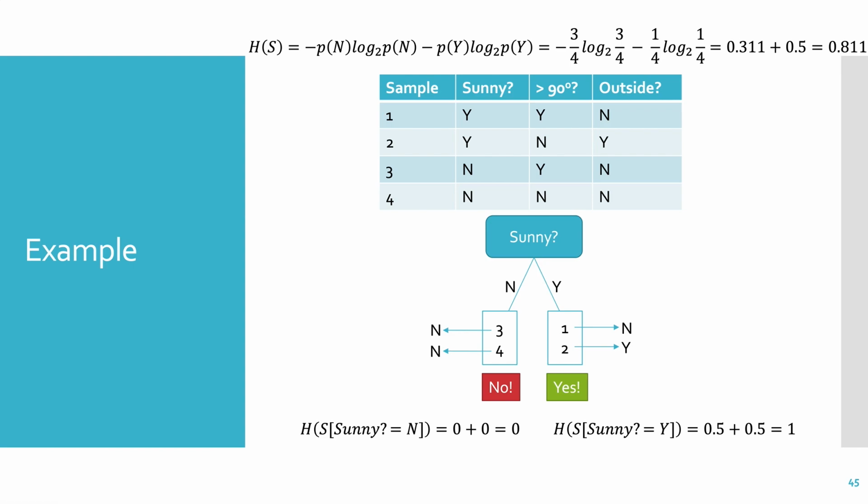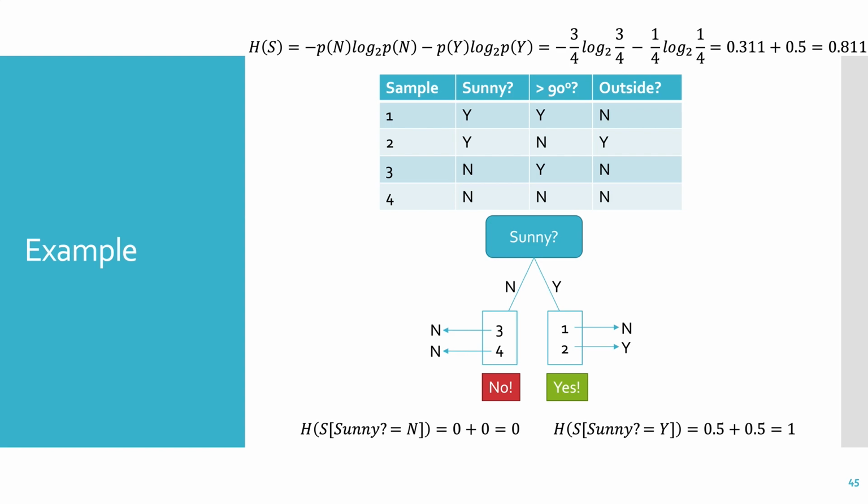This is the reason we use these parentheses, because we start adding conditions inside of them, and these conditions create these subsets. So the condition sunny equals no creates the subset of samples 3 and 4, and the entropy of this subset is 0, because both samples have a label of no. Make sure to calculate that out on your own and make sure you get 0.